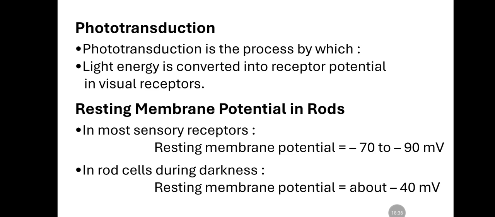Resting membrane potential in rods: in most sensory receptors, resting membrane potential is -70 to -90 mV. In a rod cell during darkness, resting membrane potential is about -40 mV.